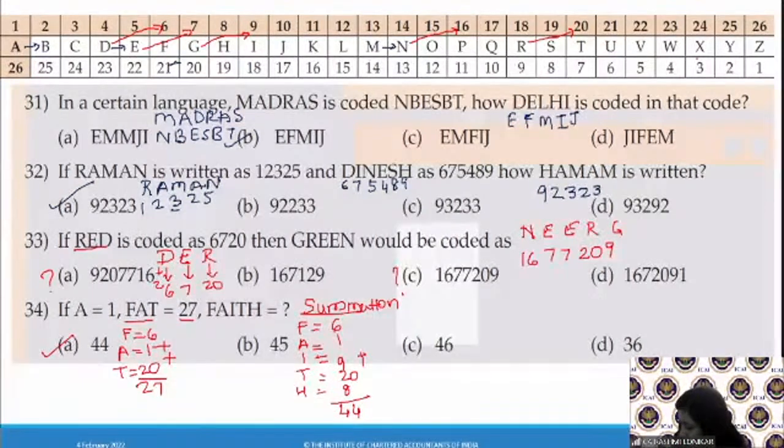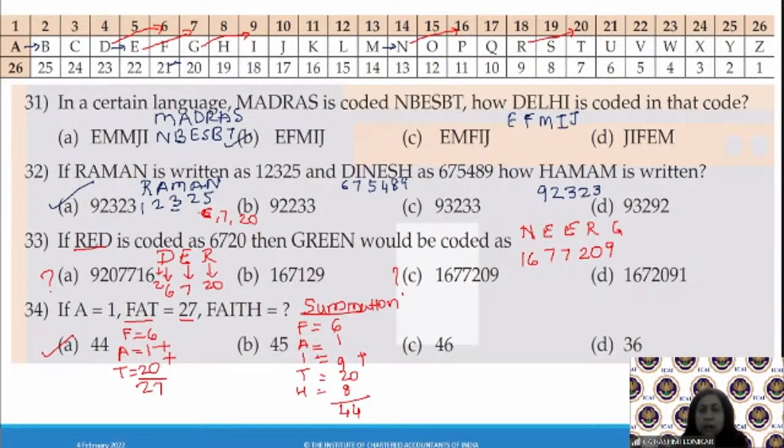Okay, Sanjana, just let me tell you. See, the word red, I have to write it in the reverse order. D-E-R. So for D, the number is 4, but here the coding is 6, 7, 20. So what is the relation between D and 6?